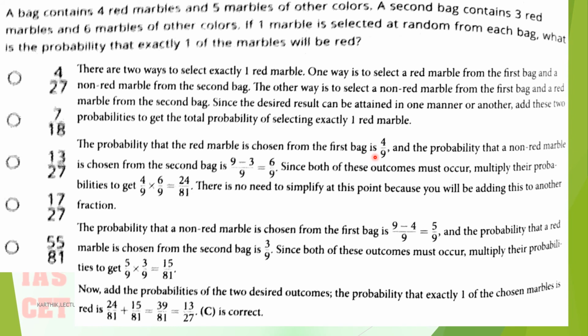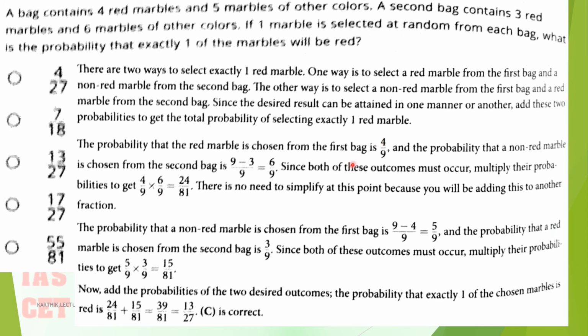So he is picking 1 red marble from the first bag. And the non-red marbles from the second bag, how many? 6 marbles out of 6 plus 3, which is 9. So you have to multiply.